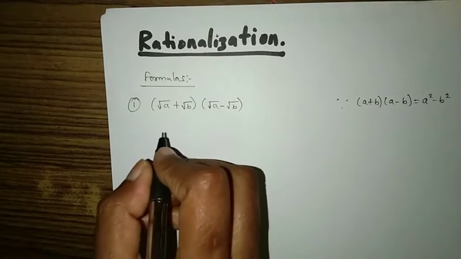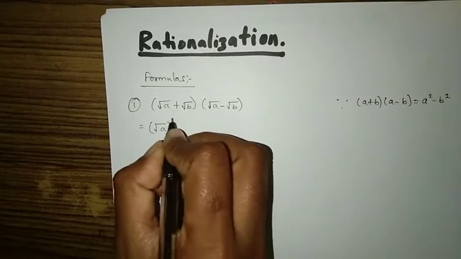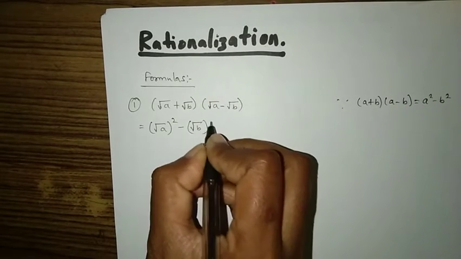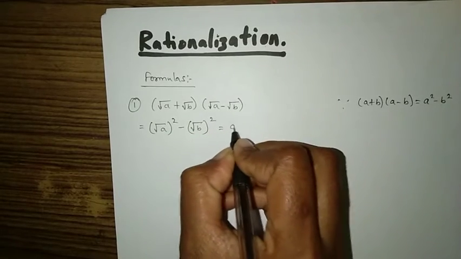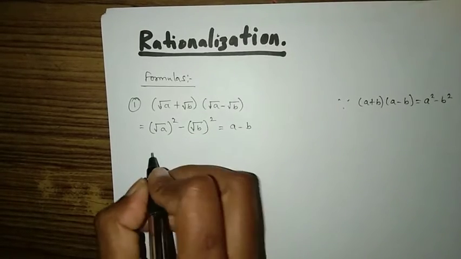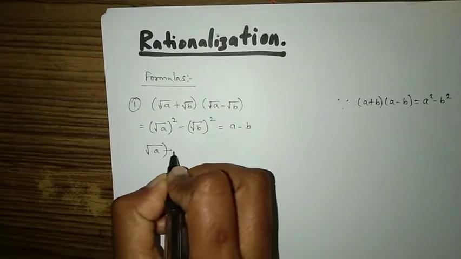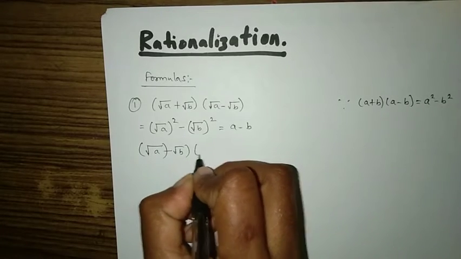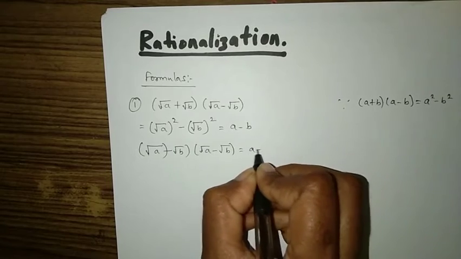So we are applying that here: root a whole square minus root b whole square. So this gets cancelled, we get a minus b. Then we can write this as (root a plus root b) into (root a minus root b) is equal to a minus b.